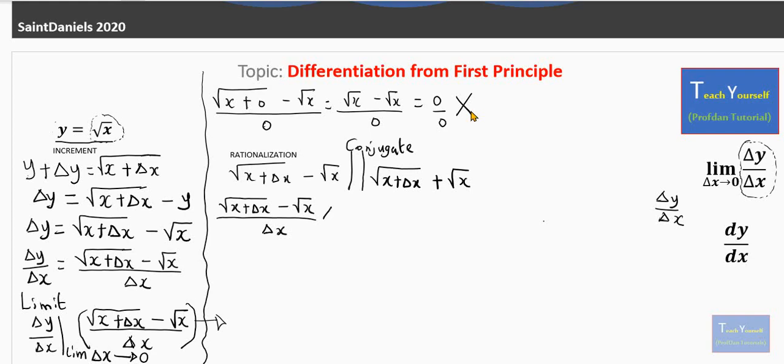So it says multiply both the numerator and the denominator by the conjugate of this numerator. Okay, so we have root of x plus increment in x plus root of x, all divided by the same thing, the conjugate, root of x plus increment in x plus root of x.